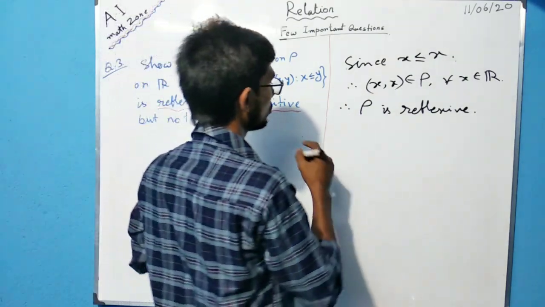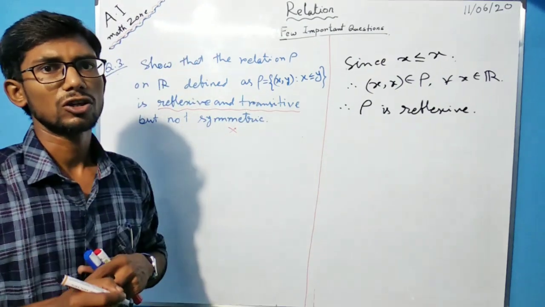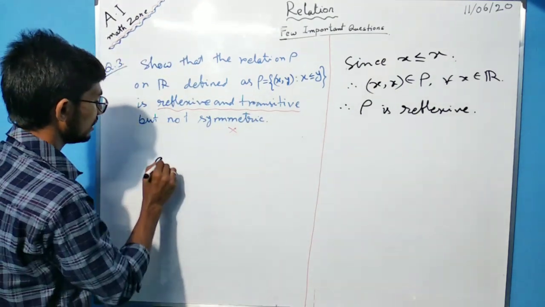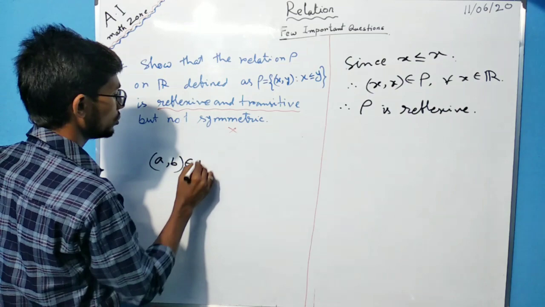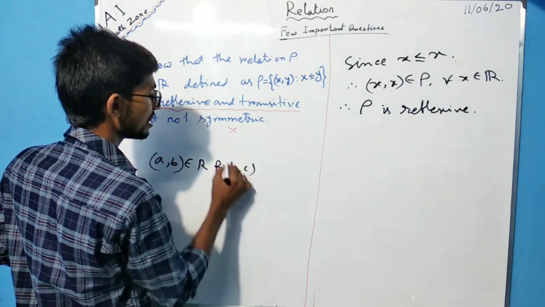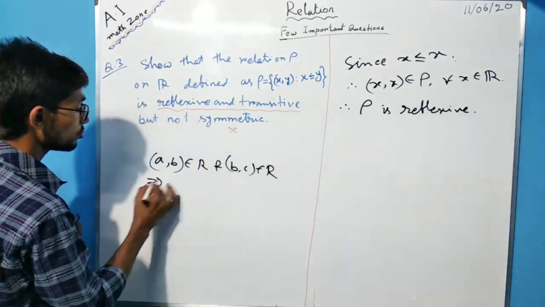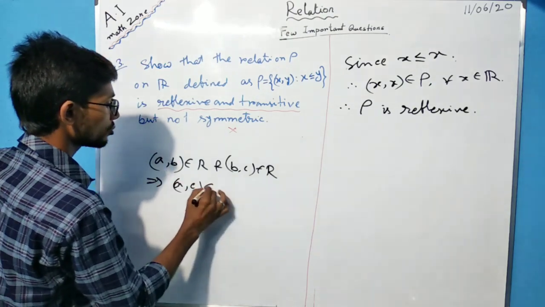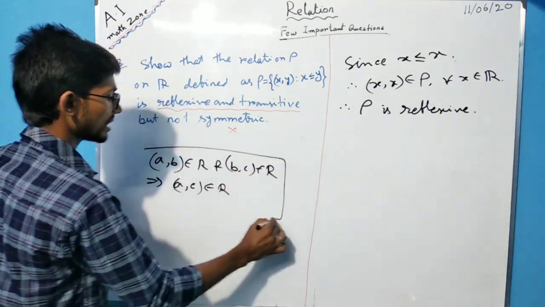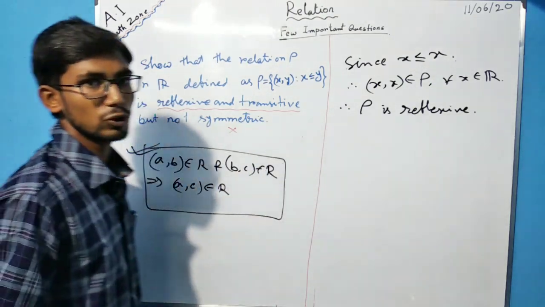transitive, right? Now to show that rho is transitive, what is the definition? If AB belongs to R and BC belongs to R, then this implies that AC belongs to R. अगर एक कंडीशन सेटिस्फाई करता है तभी उसको हम ट्रांजिटिव बोलते हैं, right?